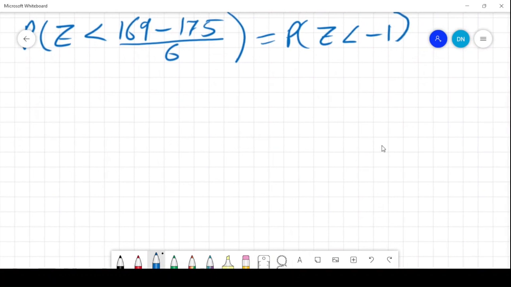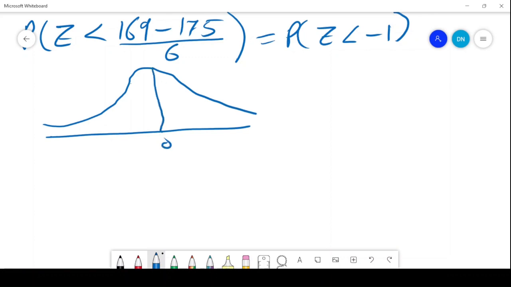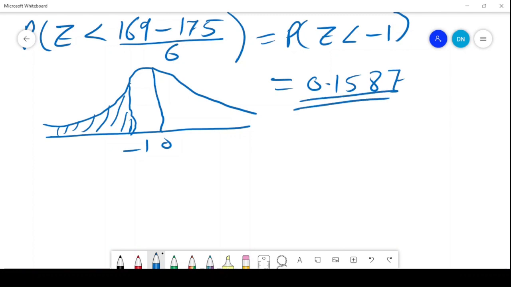The next step is to put this into the standard normal diagram, and we want this area. According to the table, the area is 0.1587, the shaded part. And that is the probability that a man will be 169 centimeters or less.